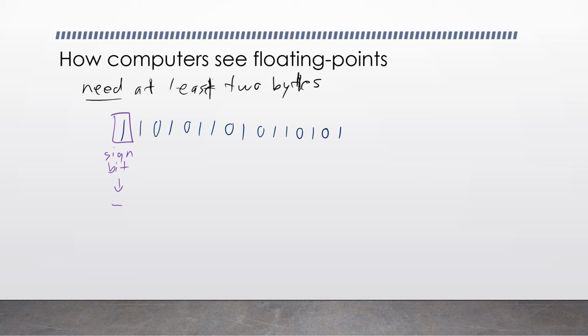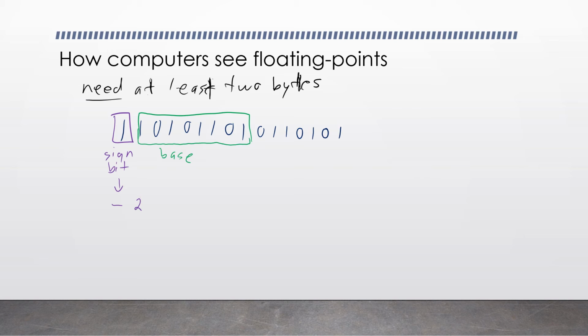Then the next, say, 8 bits represent the base of the number. And you would think we would use the same power of 2 system we used before, but in fact we use fractional powers of 2. So we would get 2, and we count this time left to right.